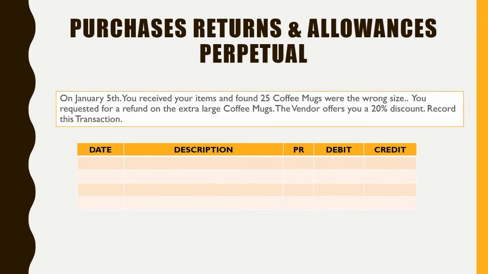So again, because we are a small business, we also have the ability to get an allowance from our vendors. If they send us the wrong item, they can renegotiate with us, saying there's nothing wrong with selling these items. You can make it a limited edition item.